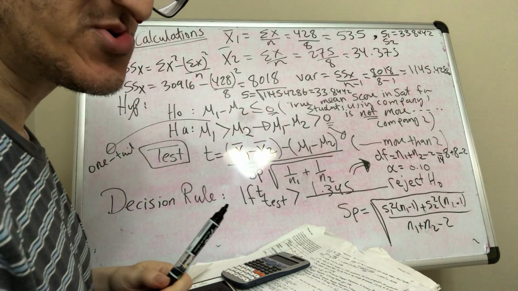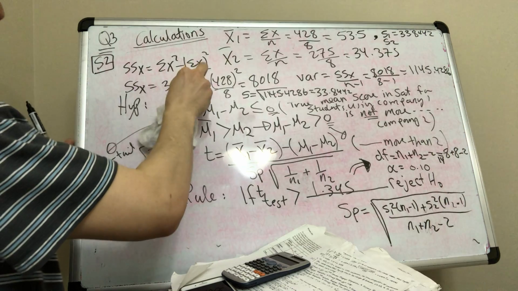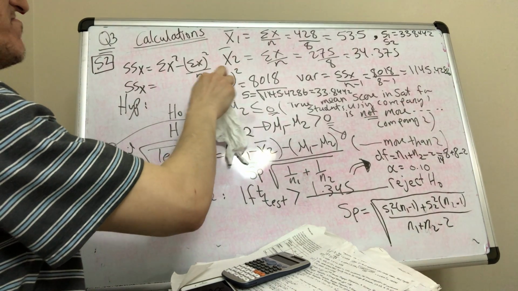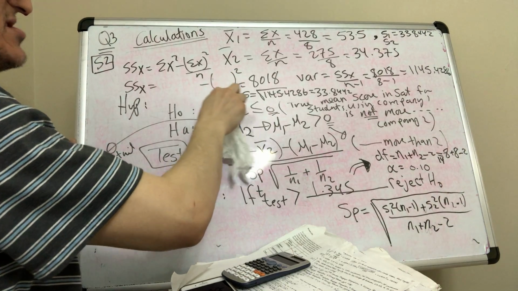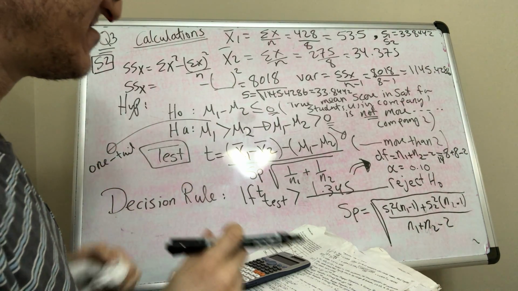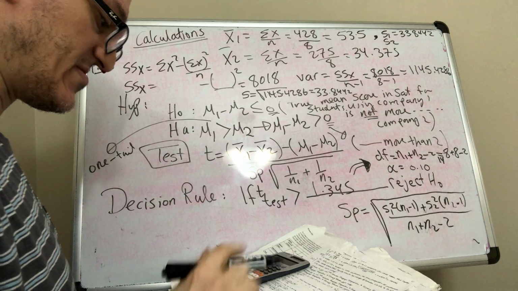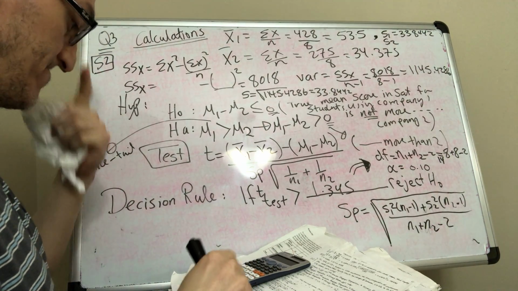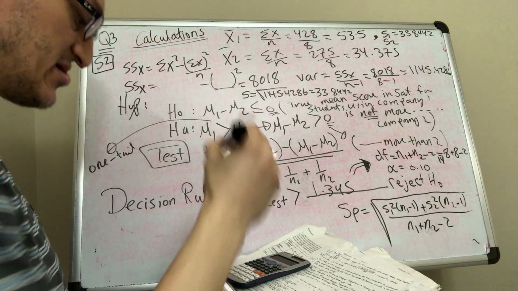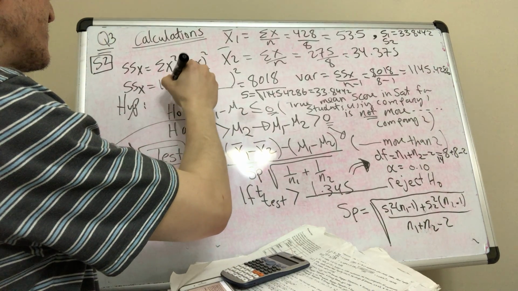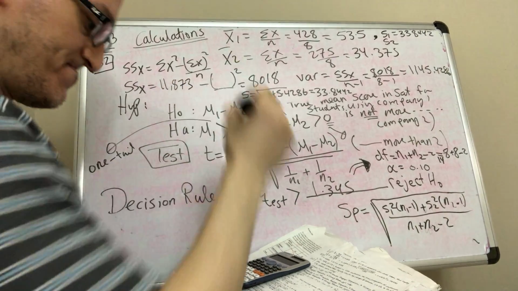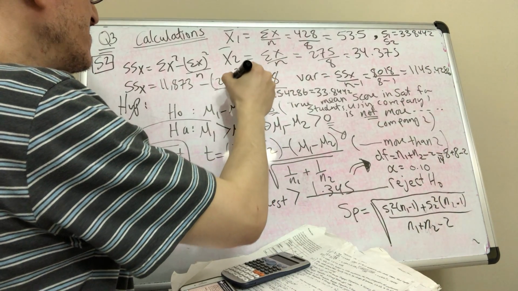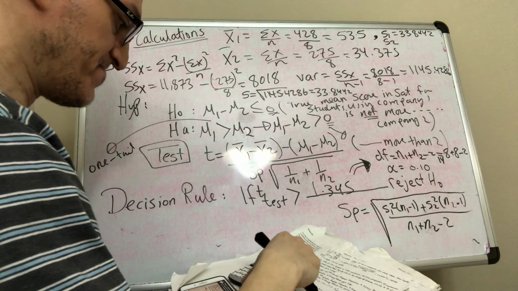When you do it for company 2, the numbers are different, but we do the same procedure. So we take whatever the sum of x squared is. For company 2, it's 11873. The sum is 275, and it's 8.